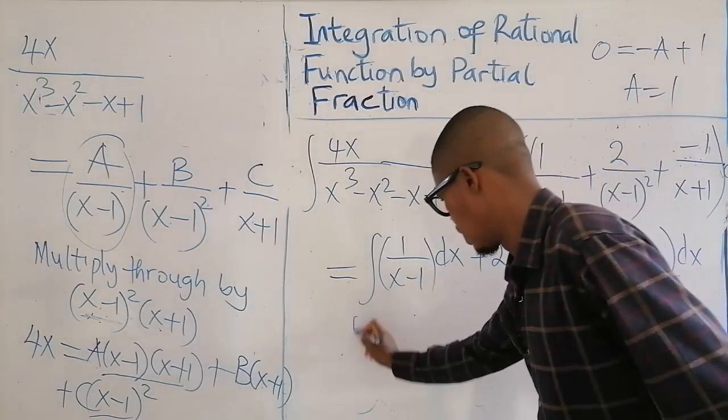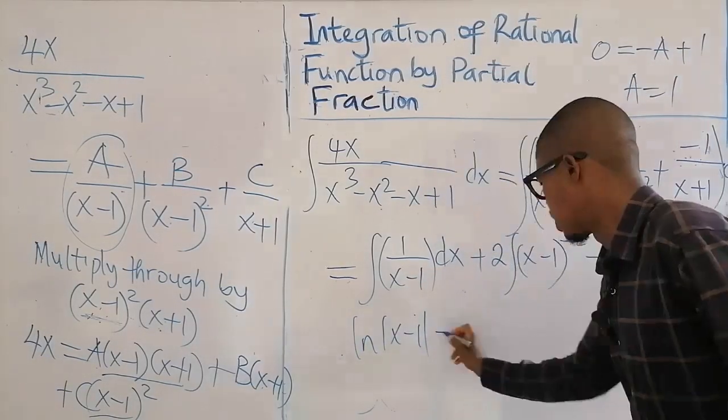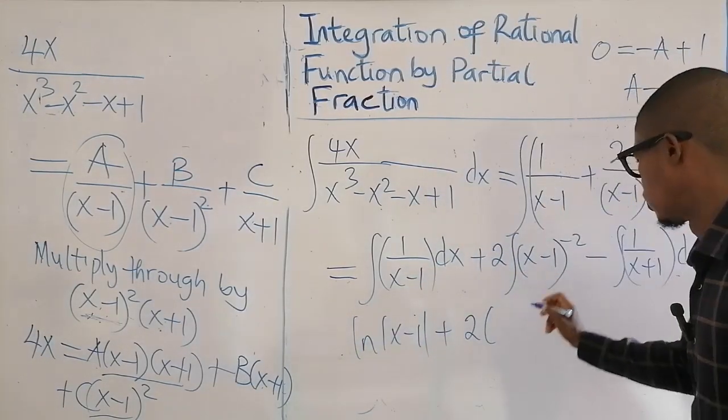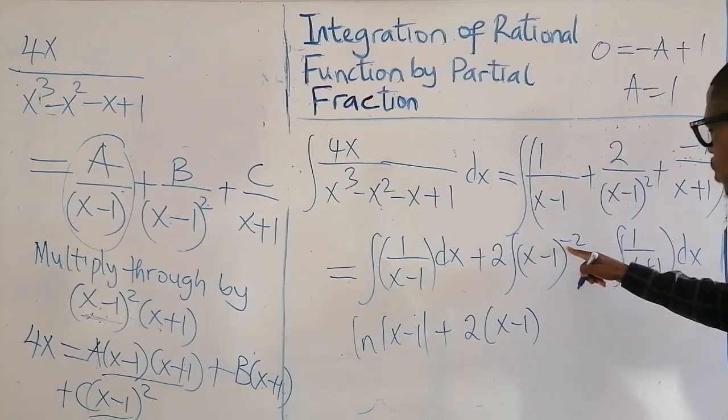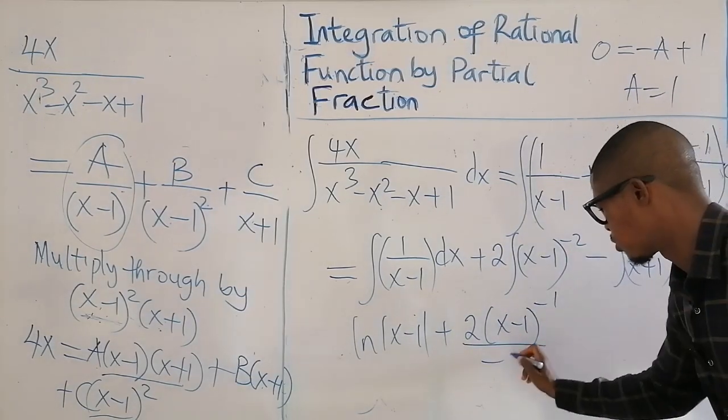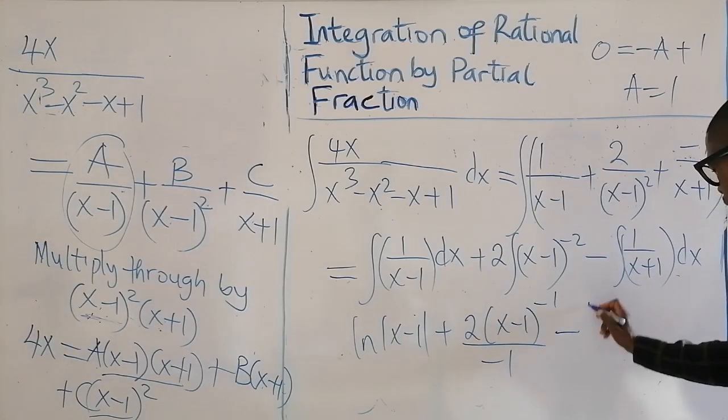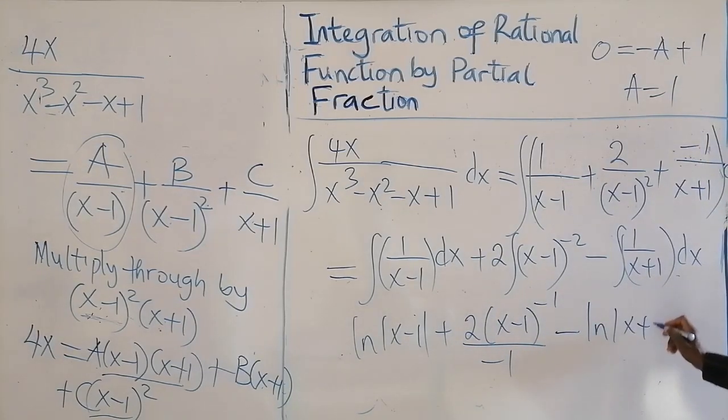So this will give us ln x minus 1 plus 2 into brackets, this will be x minus 1 to the power plus 1, that's minus 1, all over minus 1. And this one will be minus ln x plus 1, and then plus c.